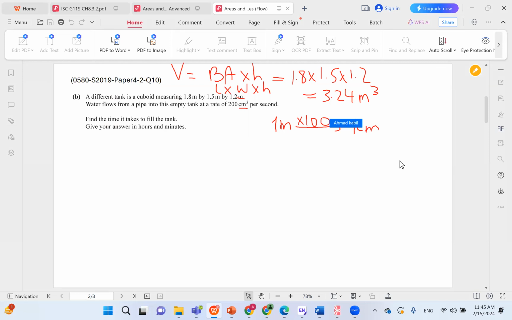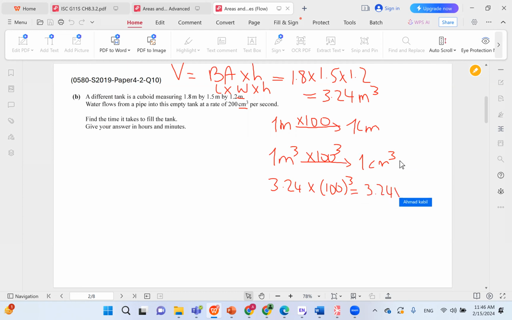Therefore, 1 meter cubed goes to 1 centimeter cubed by multiplication by 100 cubed, which is 100 to the power 3, which is a million, pretty much. So 3.24 times 100 to the power of 3 gives us 3.24 times 10 to the power of 6 centimeters cubed.